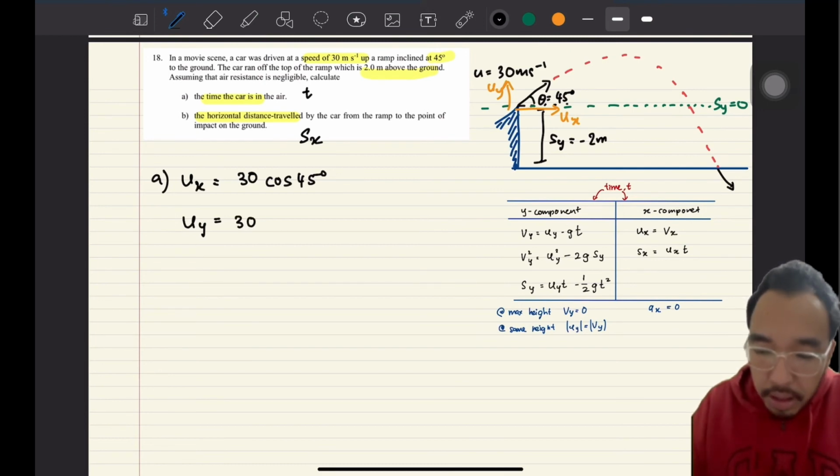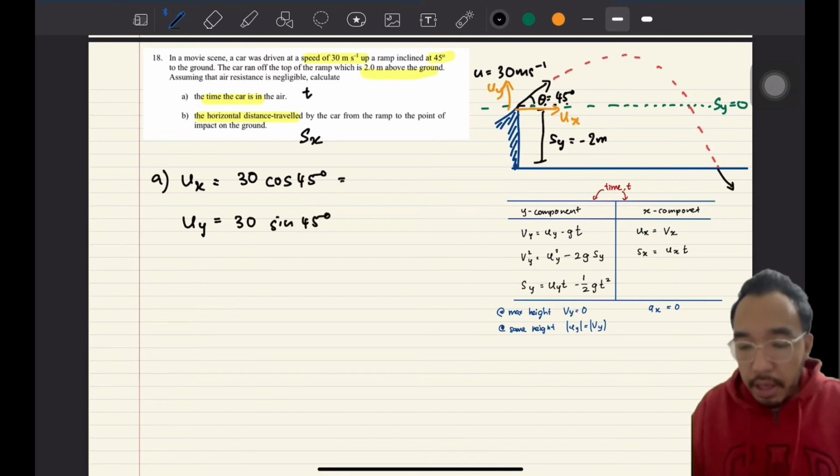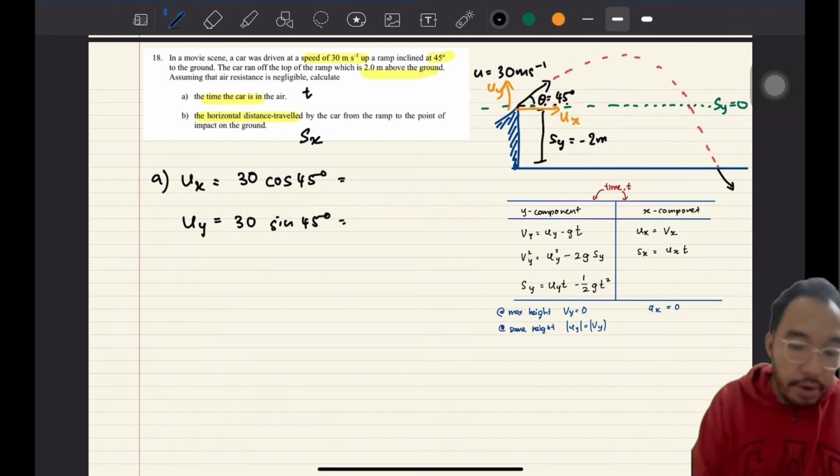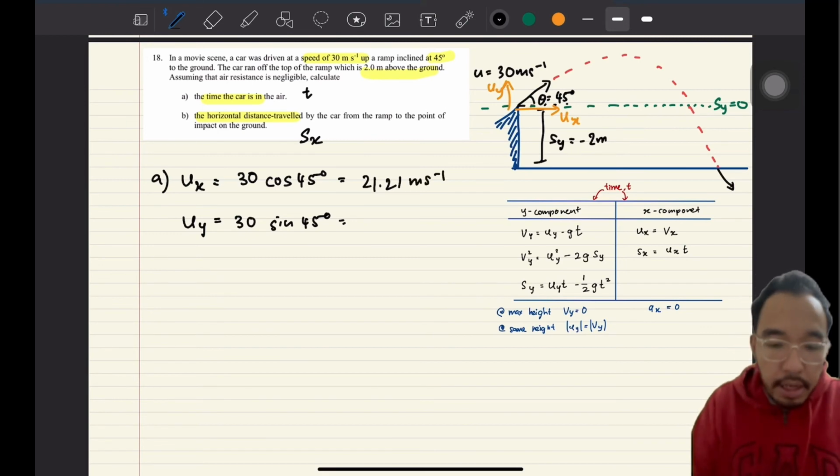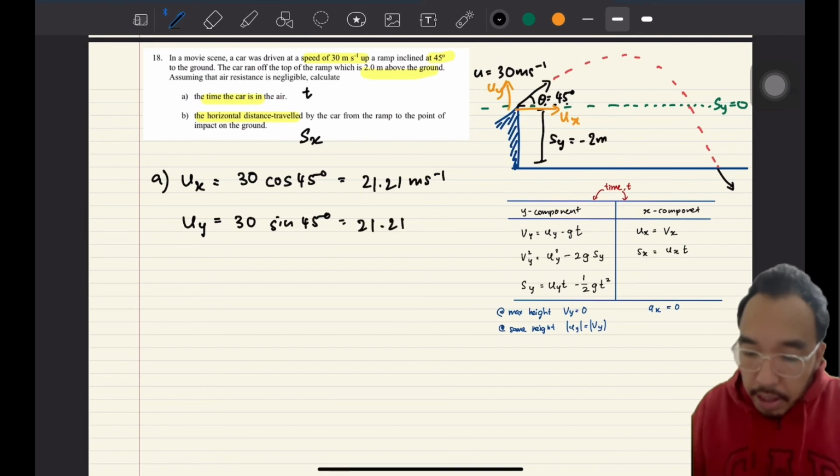It's 45, so it doesn't matter sine or cos anyway, but I'm going to write the correct things. So here it's 21.21. Just to double check, I'm going to press it again, and I get the same.